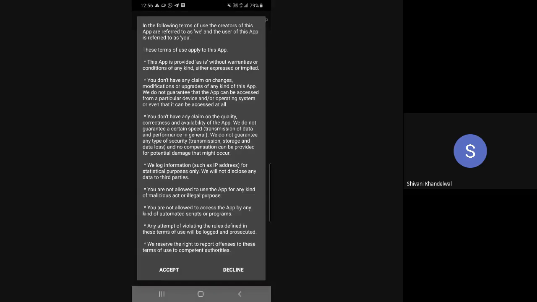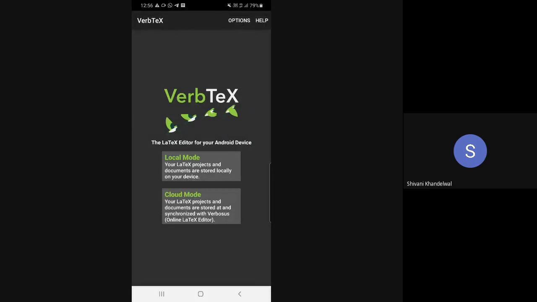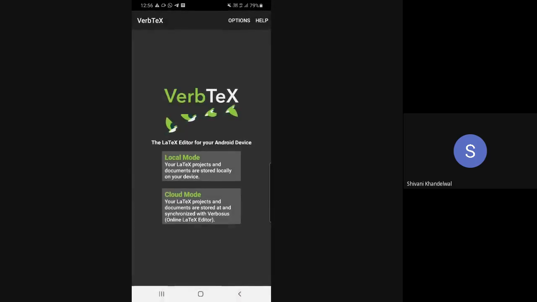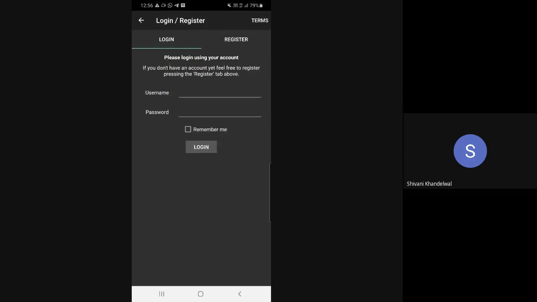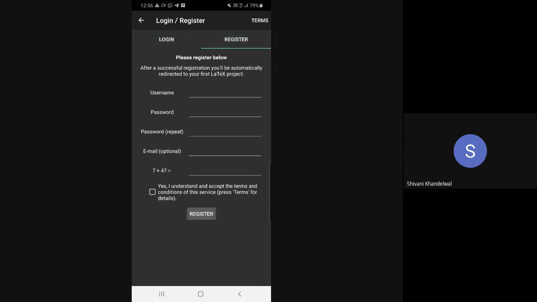Now we can open it. Actually, I have to allow all this. Now you can select the new project mode. Login and registration. Actually, मैंने भी अभी download किया है. So first you have to register and then you can go for that. Right? Actually, you can use this for your project.